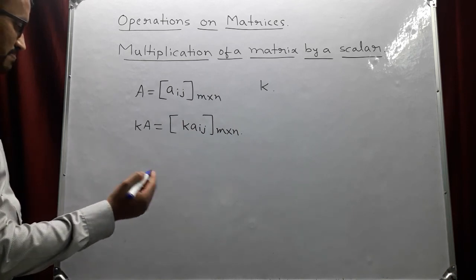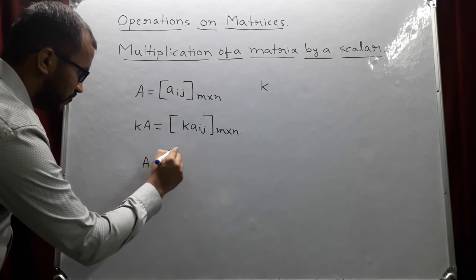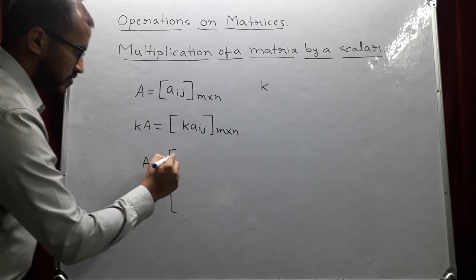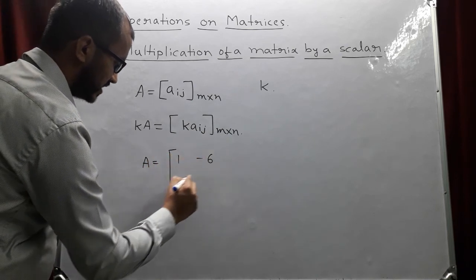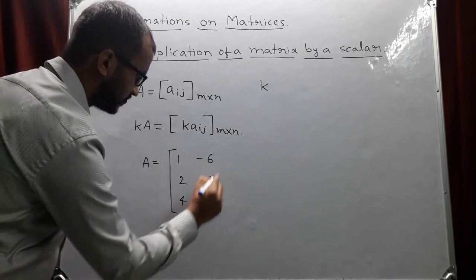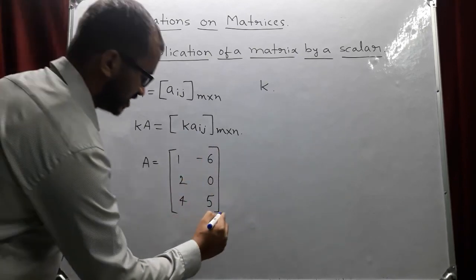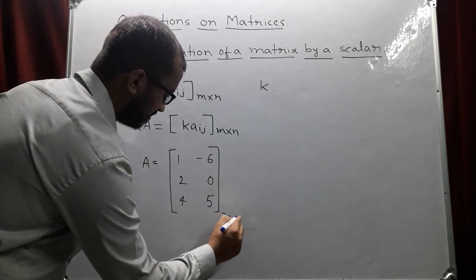Consider the example. Suppose the matrix A equals 1, minus 6, 2, 0, 4, 5. So this is a matrix of order 3 by 2.